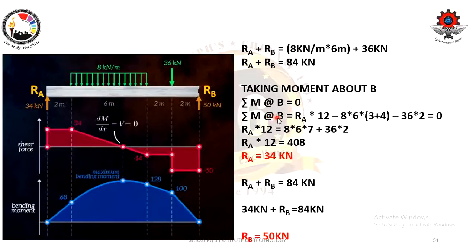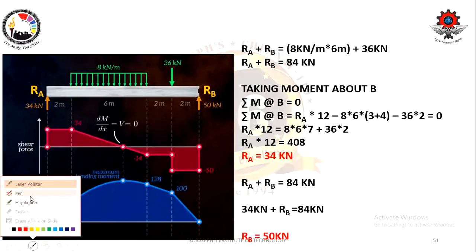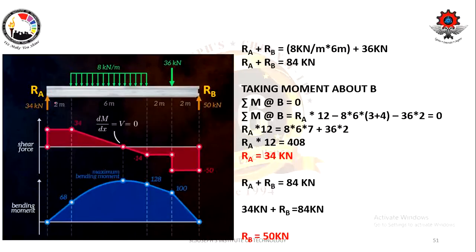Applying that condition, we have to take all the forces about B. The reaction force RA travels a distance of 12 meters, that is 2 plus 6 plus 2 plus 2, totally 12.